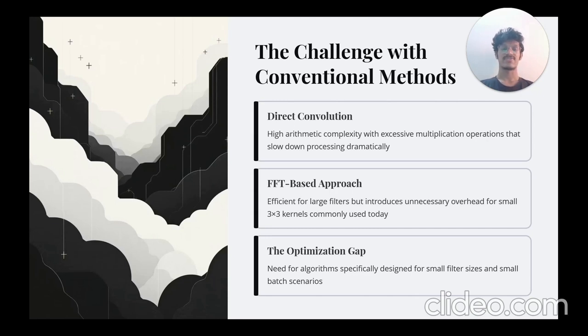Even the fast Fourier transform based approach is efficient for large filters, but most of the kernels we use are small filters, 3 cross 3 sized. We can't go into large filters because it introduces unnecessary overhead, and also there is an optimization gap, because algorithms are specifically designed for smaller filter sizes.